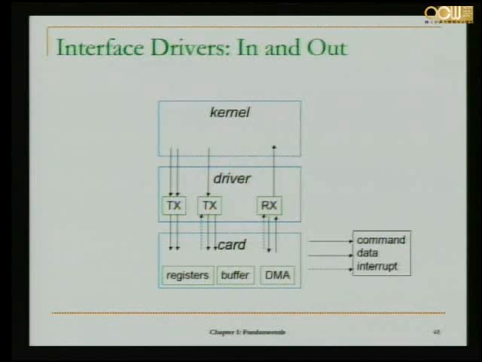Is it in the driver or in the interface card? For example, wireless LAN and Ethernet are link layer protocols. Is it in the software or in the hardware? Or say PPP, another link layer protocol. Is it in the driver or interface card?